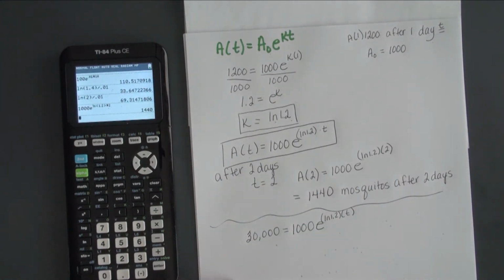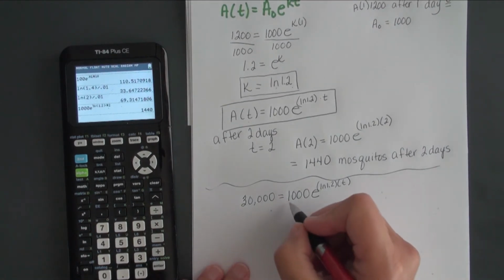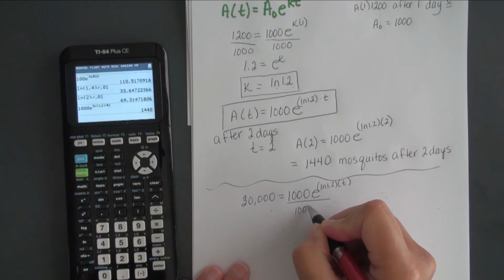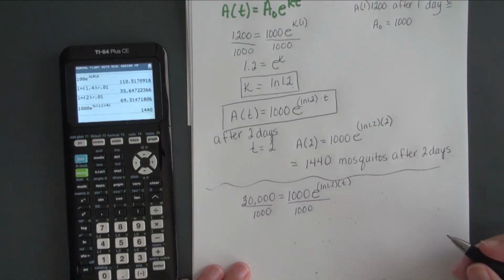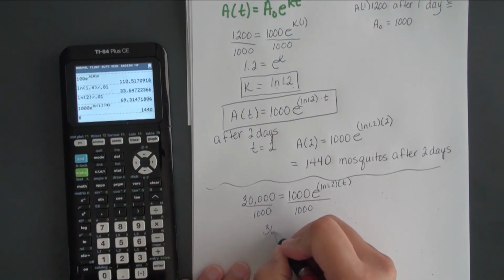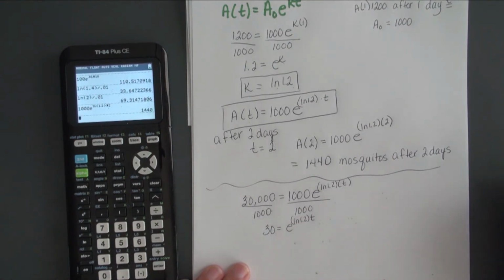Now we're solving for the variable, so I will divide both sides by 1,000. 30,000 divided by 1,000 is 30. So 30 equals e to the natural log 1.2 power times t.